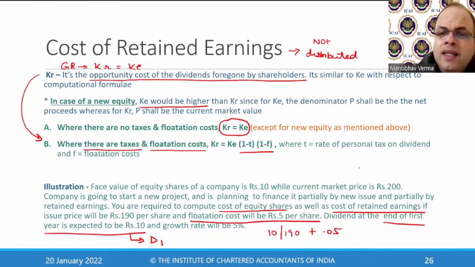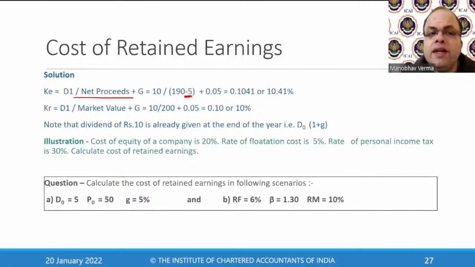This is again the same formula, D1 upon the NP, net proceeds, or in case of existing equity, it was P0, plus g. In this case it's a new equity. So 10 upon 185 plus 5%, which gives us a cost of equity of 10.41%.